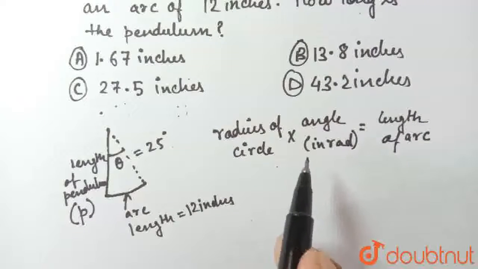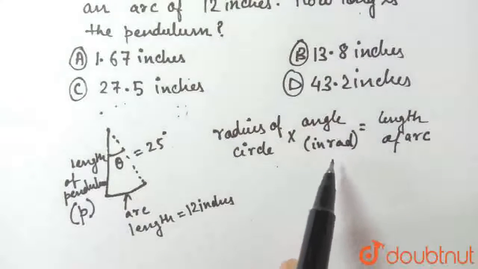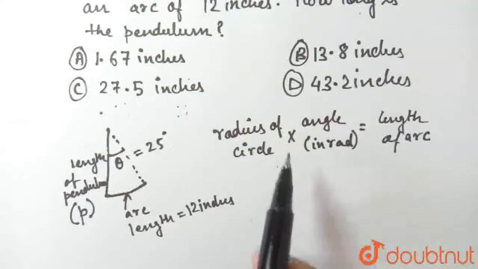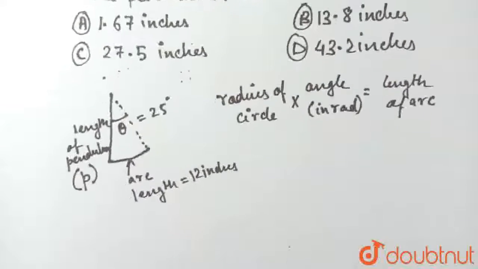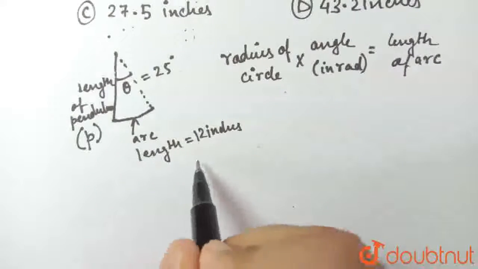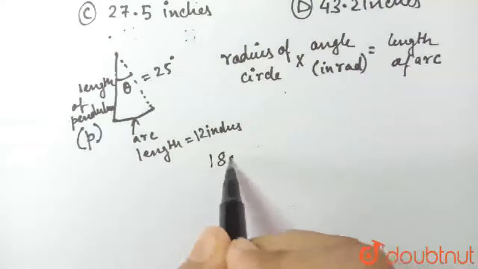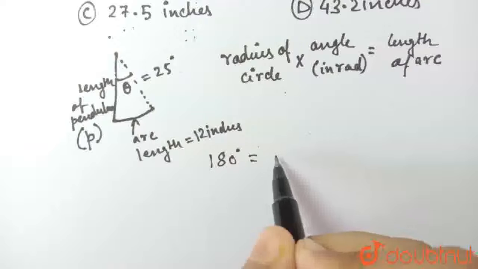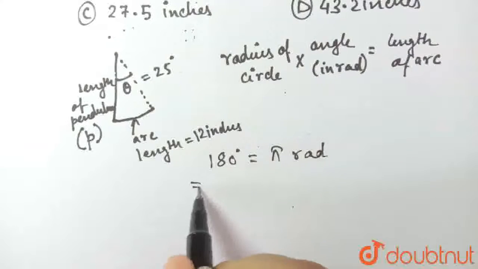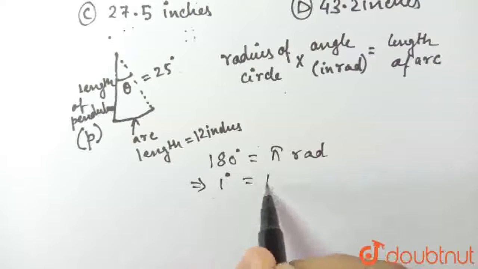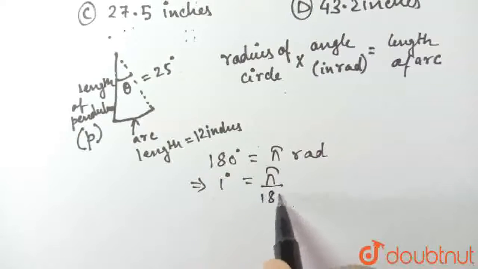Now as in this formula angle should be in radians, we first convert this 25 degrees into radians. So as we know 180 degrees equals pi radians and 1 degree should be equal to pi by 180 radians.